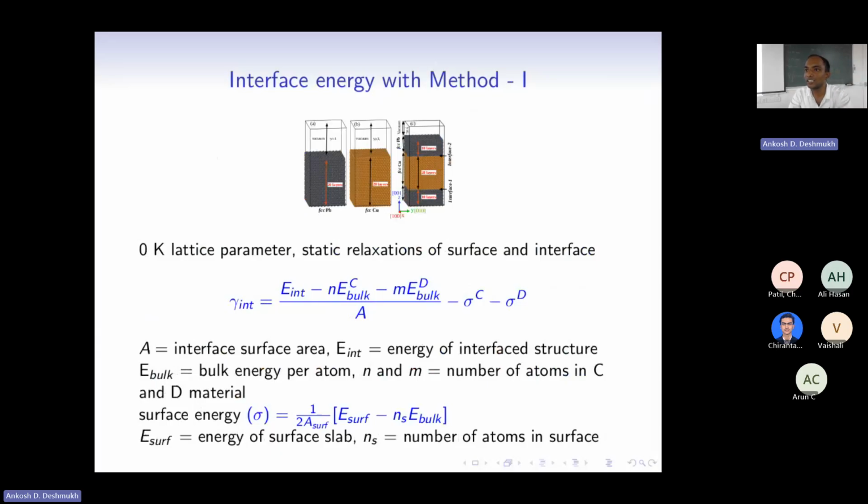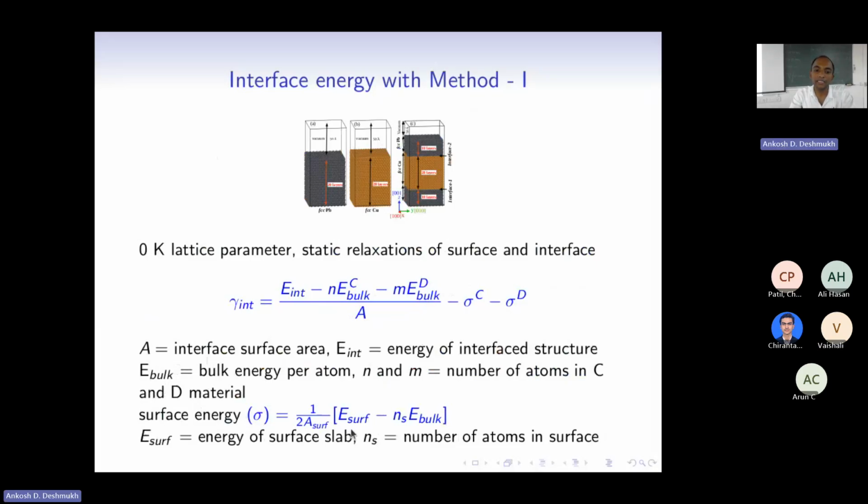All energies are potential energies because these are static calculations. So E bulk C is the total energy of the C material, similarly for D, and sigma C and sigma D are the surface energies of the given surface of the individual materials. And A is the interface area.